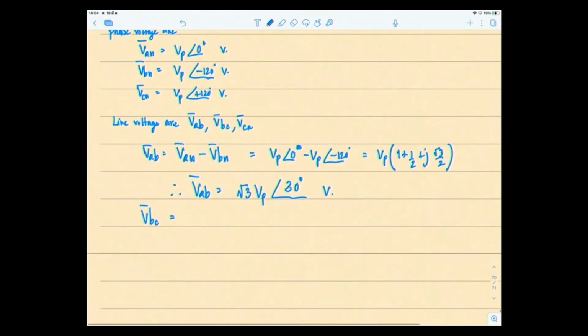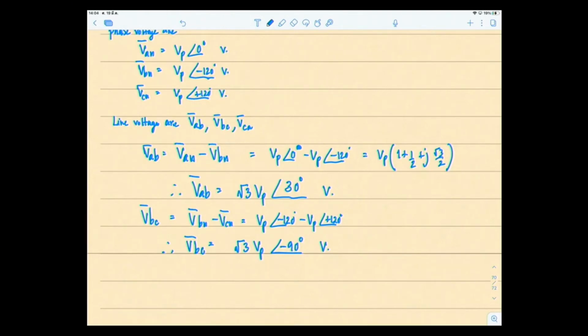So it is VBN minus VCN, equal to VP at minus 120 degrees minus VP at plus 120 degrees. And the answer, VBC, turns out to be root 3 V phase at minus 90 degrees volt.